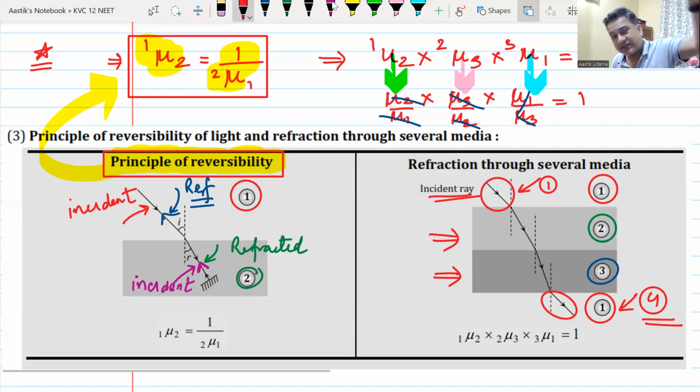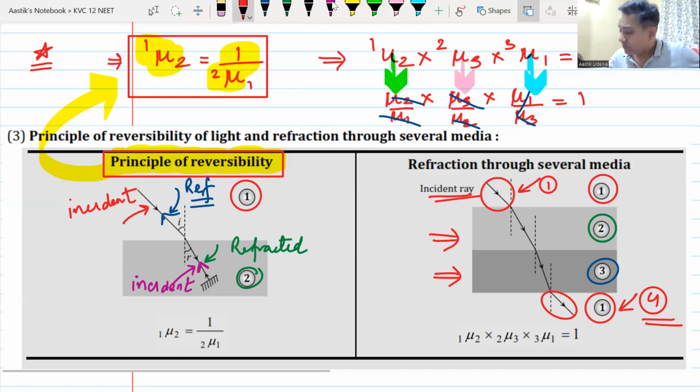Ray number 1, which is incident, and ray number 4, which is emergent, will be parallel to each other because the ray is incident in the first medium and is coming back into the first medium. If that happens, the ray will always remain parallel. We will see it in a topic known as lateral shift, which we are going to do just after this. Apparent depth, real depth. Here we will do this.